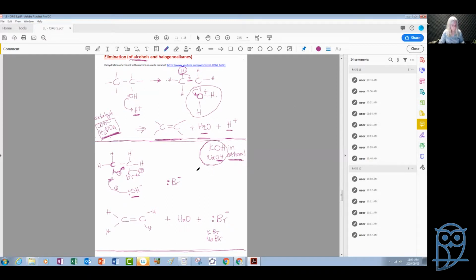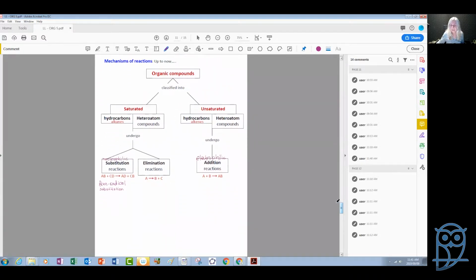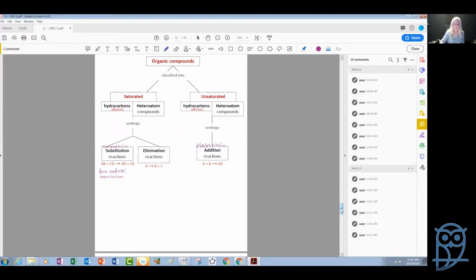Now that we have finished with the elimination reactions, the two elimination reactions of interest in our case, we are ready to start discussing the reactions of various groups of organic compounds. Let's write them.